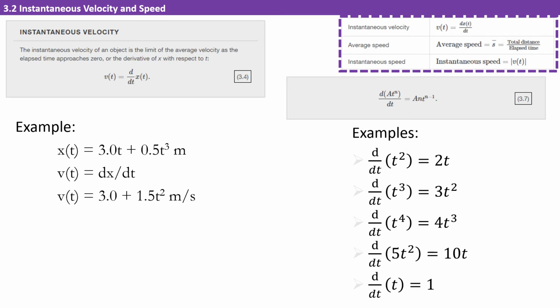So in this case, we take the derivative of that first equation and see that d by dt of t is just 1, so we just leave this as 3. And then we take the 3, multiply it by the 0.5 and get 1.5, and then reduce the t cubed to t squared, remembering that velocity is measured in meters per second.